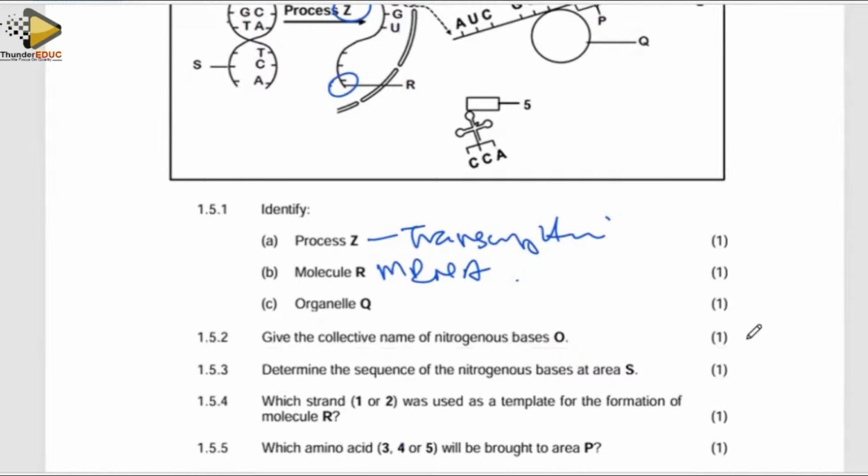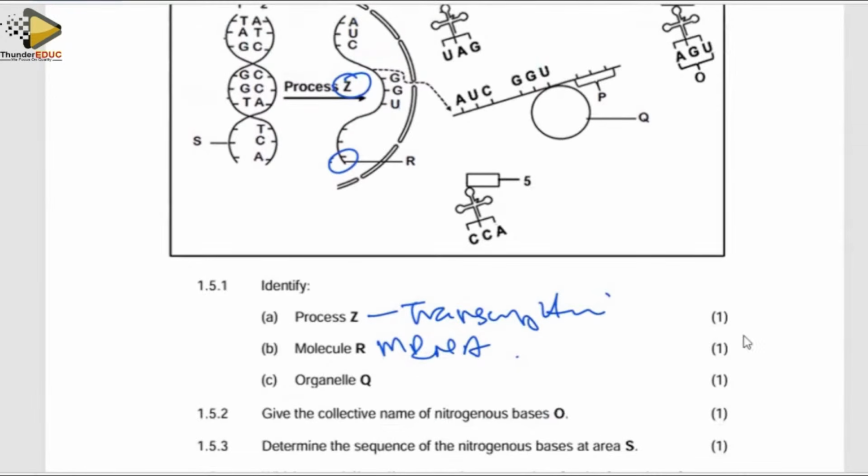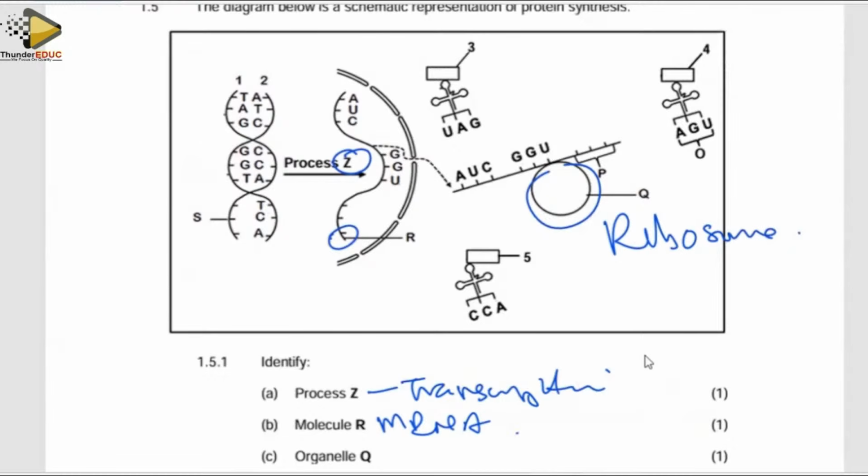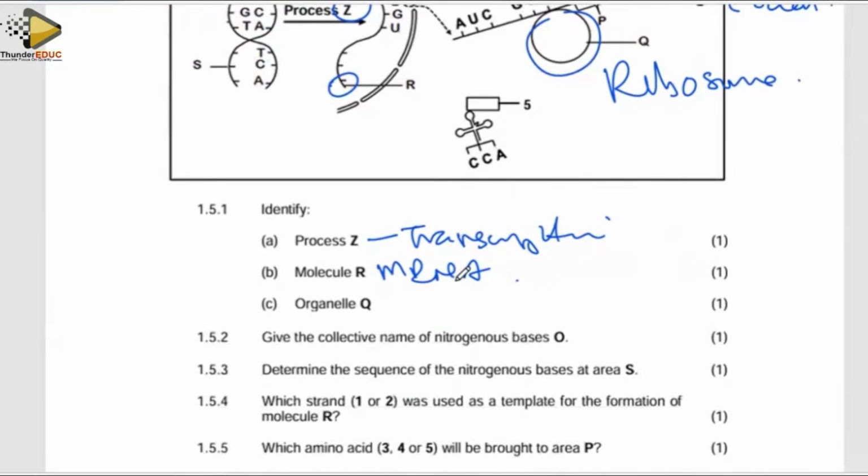And then organelle Q, this organelle, it's going to be ribosome. Give the collective name of O. We say that these are anticodons.